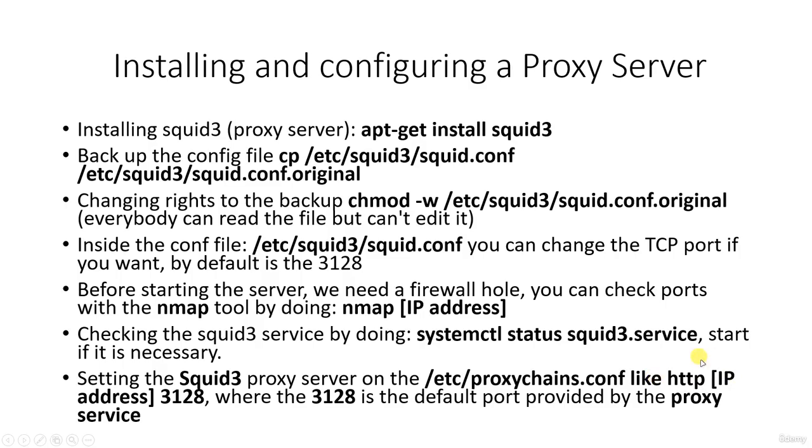After that, type the command http, your IP address and then the port; the default port is 3128, as provided by the service. If you scan with Nmap, the 3128 port on the Squid3 service won't show on the server. Next we are going to talk about the configuration file and sniffing, and then serve to the local machine.